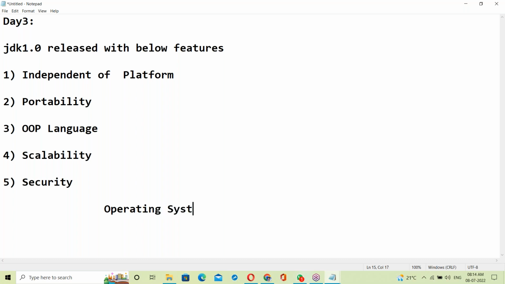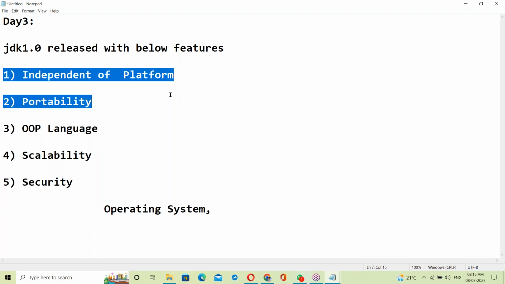OS basics: how the OS behaves when a Java program is running, or when you're running a C or C++ program. Independence of platform: here, platform means OS. So you must have some idea about the OS, otherwise you can't understand this.